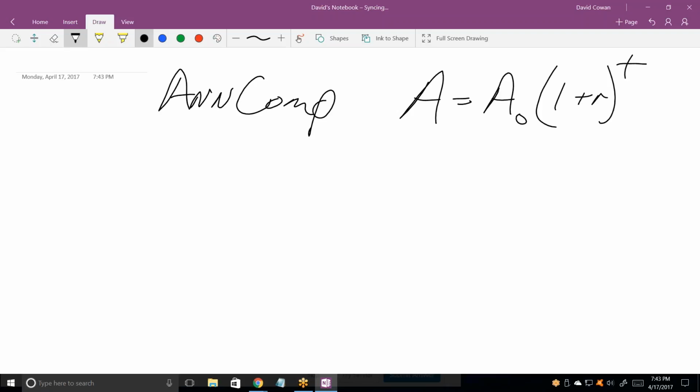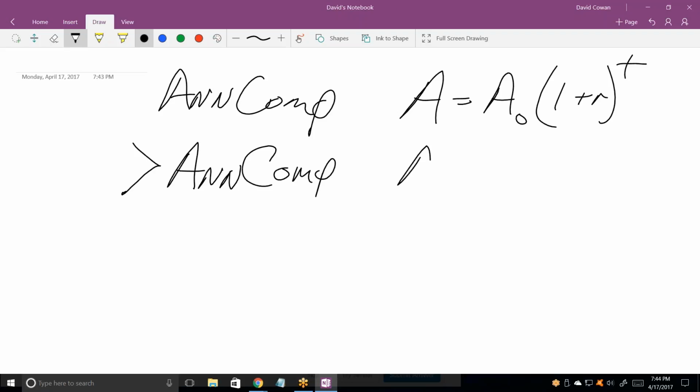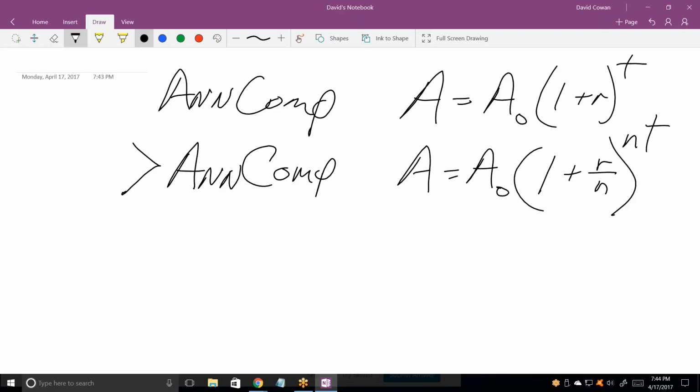If it's more often than annual, let's say you find a bank that's willing to compound it monthly, then the formula is your initial times 1 plus the annual rate divided by n to the nt, where n is the number of times per year they're compounding it.